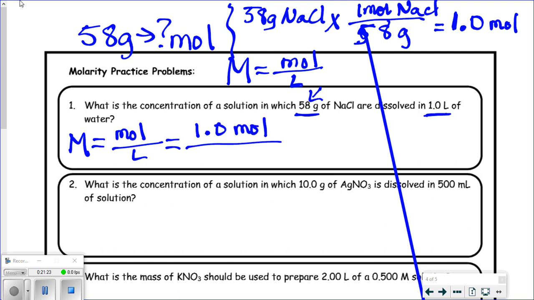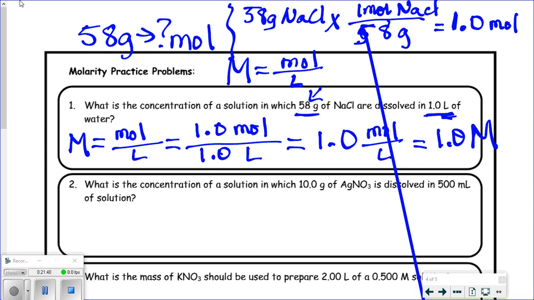And you notice it already gave it to me in liter. That's great. That means I don't have to convert. So 1.0 liter. 1 divided by 1 is 1. Keep your correct number of significant figures. And I get 1.0 mole over liter, which is 1.0 big M. Okay, not too bad. All right.